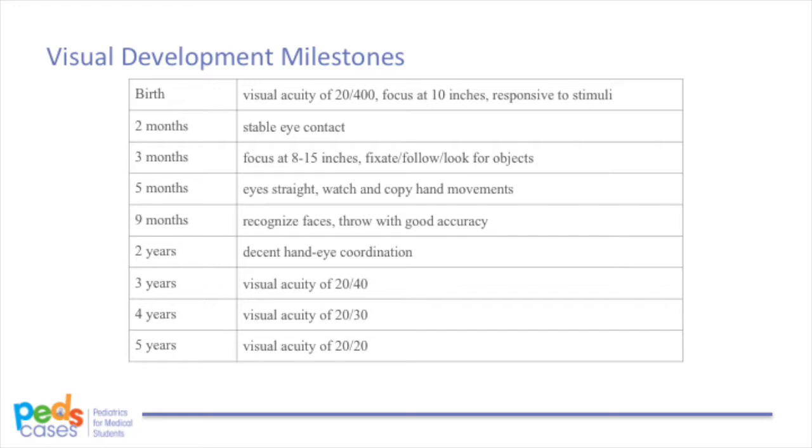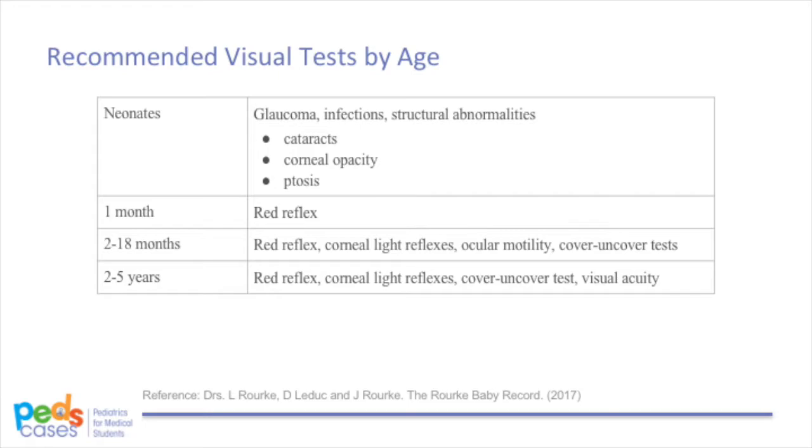By 2 years, they should have decent hand-eye coordination. After that, they should continue improving their visual acuity. It is expected to be at least 20/40 at 3 years old, 20/30 by 4 years old, and 20/20 by 5 years old.